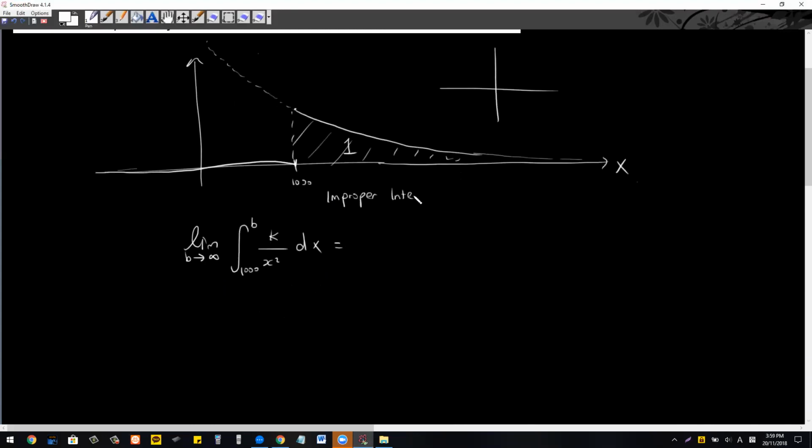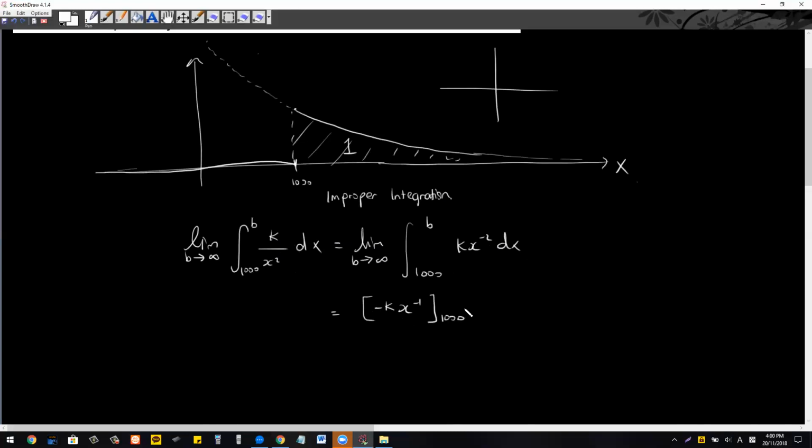Improper integration. Yep. So this becomes the limit as b goes to infinity of the integral from 1,000 to b of k x to the power of -2 dx. So this becomes x to the power of -1, so that's negative k over x.